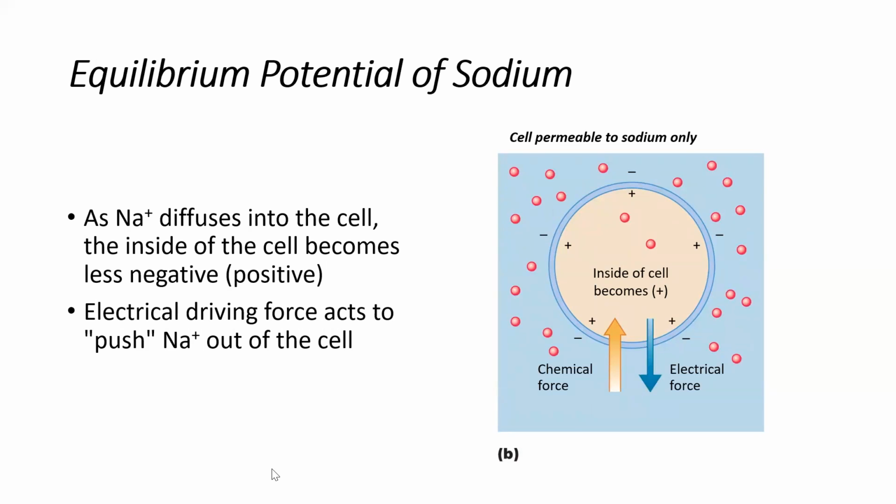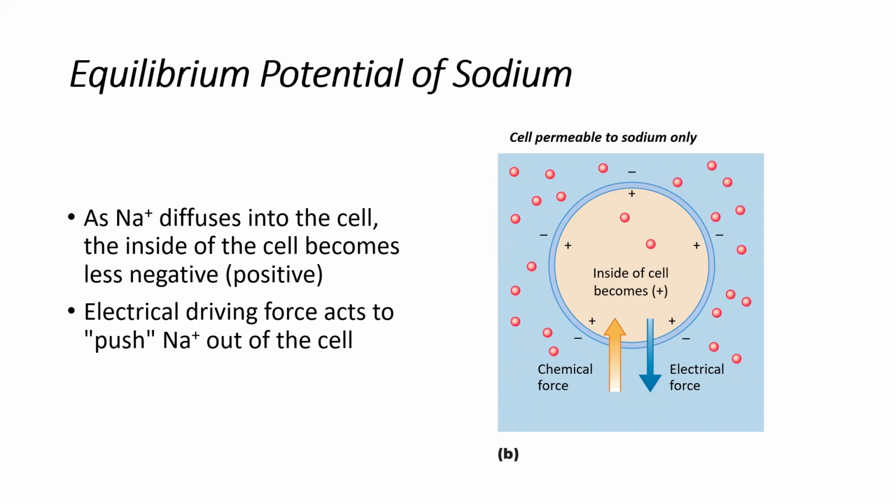Now, as sodium begins to move according to its chemical force, we then leave an unopposed negative charge on the outside of the cell. Remember all that chloride that was being balanced out by the presence of sodium. So as we move sodium into the cell, according to its chemical force initially, we leave this unopposed negative environment on the outside of the cell. And so we now want to introduce our electrical driving force.